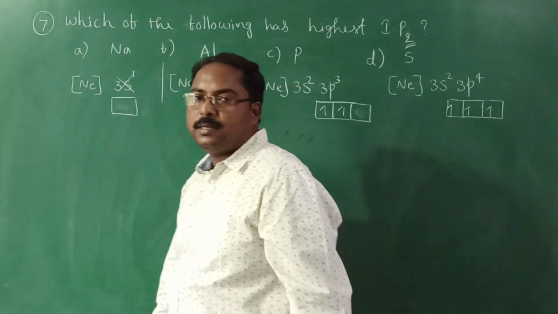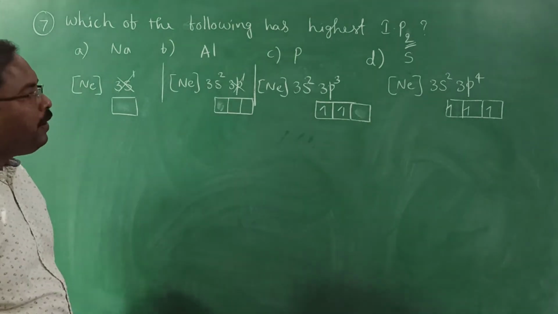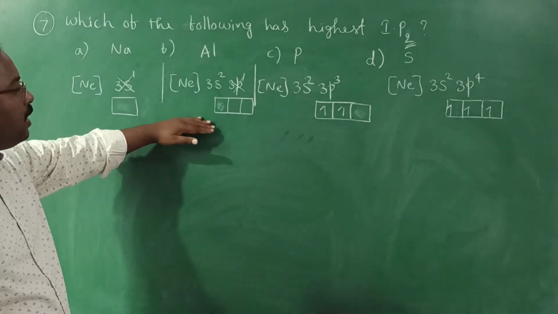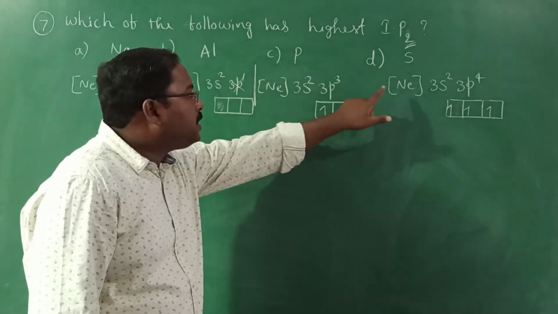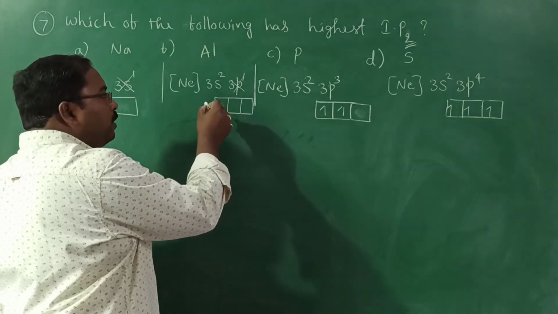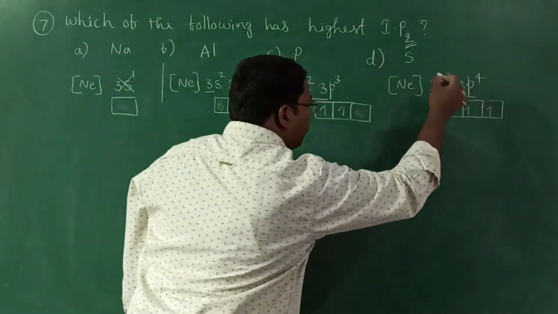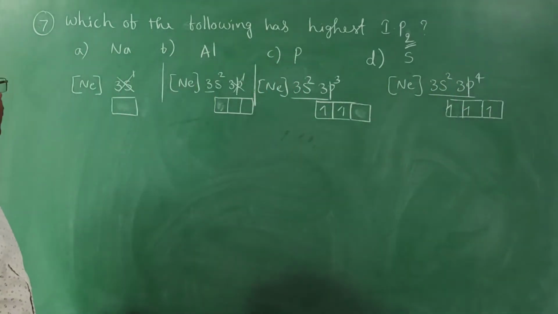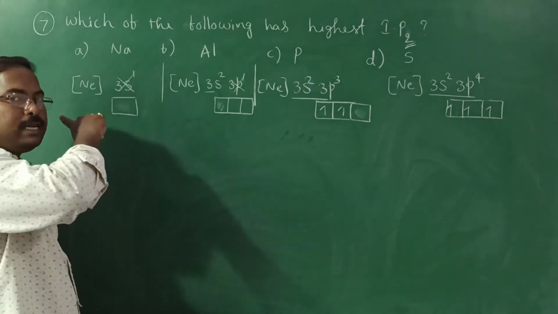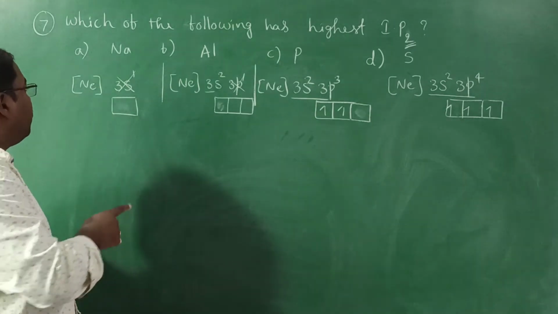Now what will be your answer out of these? In which case will it be difficult to remove the electron? In aluminium, phosphorus and sulfur, in these three cases, you are going to remove that second electron still from the third shell only. But coming to sodium, here we are going to remove that second electron from the inner shell. Understood or not?